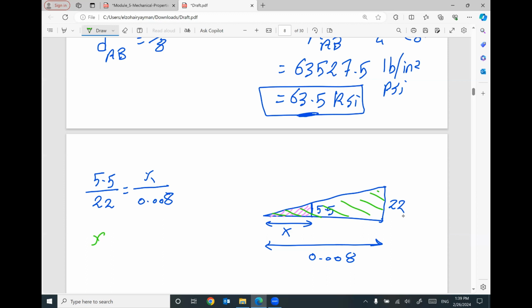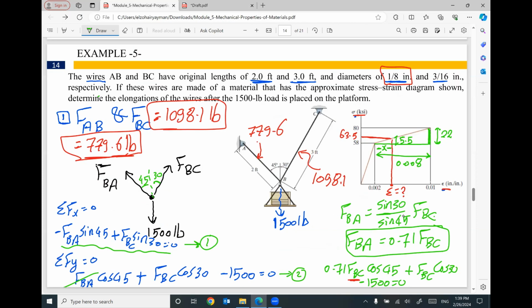So I can figure out the distance x from this relationship. 5.5 times 0.008 divided by 22, this value equals 0.002. So if this distance x equals 0.002, the corresponding strain here will be 0.004, because this distance is 0.002, and we need to add another distance x, which is 0.002.